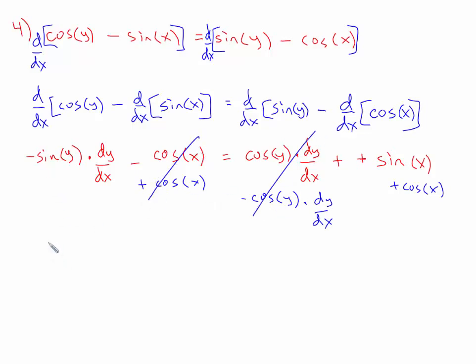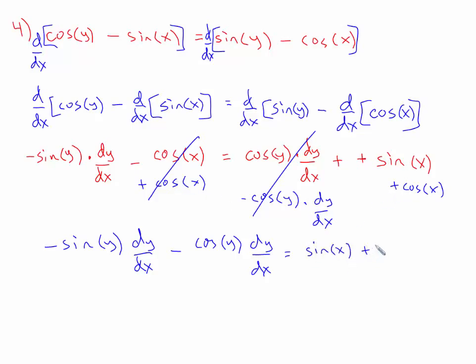We end up with negative sine y dy/dx, and then since I subtracted this on both sides, minus cosine y dy/dx is equal to, remember I added cosine to both sides, sine of x plus cosine x.